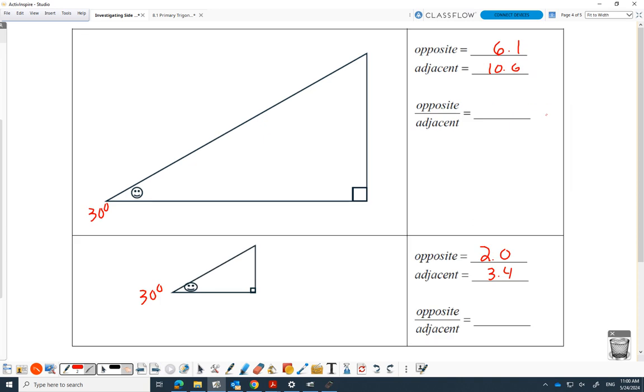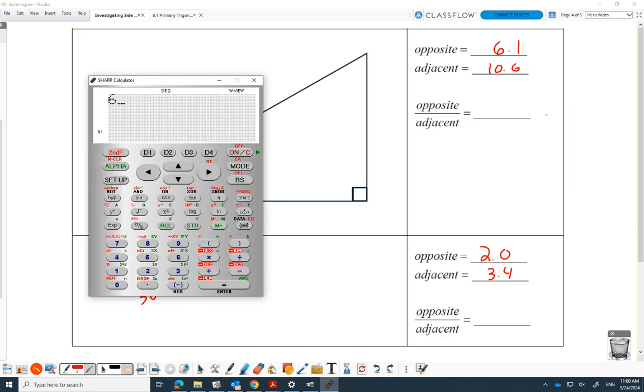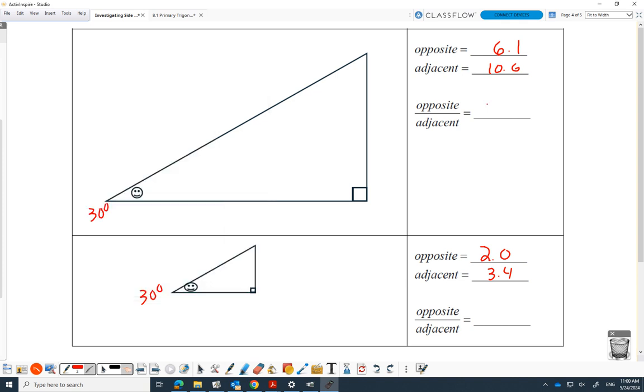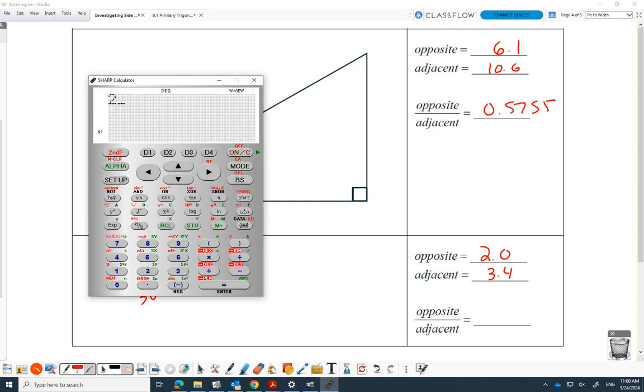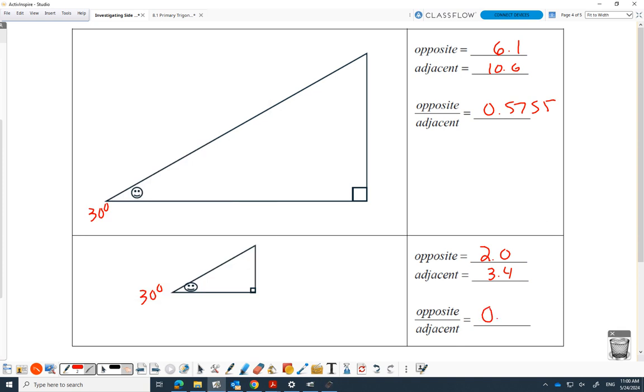And then I got 0.5755. And then 2 divided by 3.4. 0.5882. I must be honest, I did mine on the screen pretty fast.